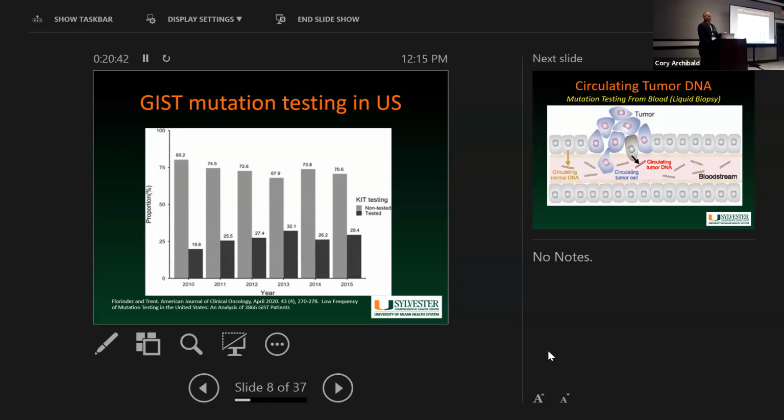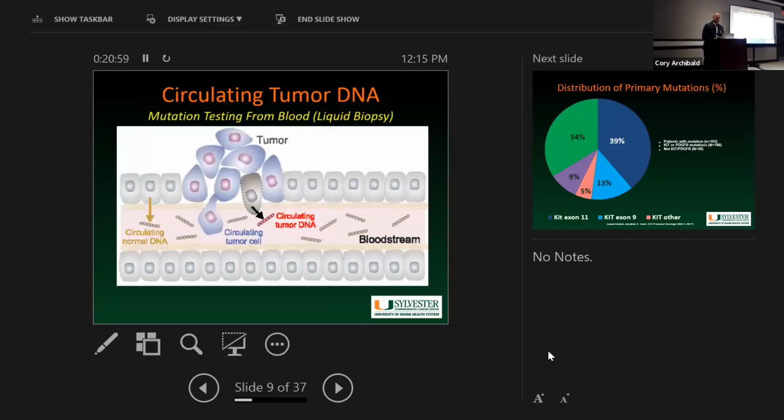In addition to testing on the original tumor specimen, which we've all been advocating for many years, we've also been advocating for doing a blood test, which is sometimes faster, less invasive, and does not require a biopsy. That's called circulating tumor DNA. Tumor cells have their own blood vessels, and these blood vessels are somewhat leaky.